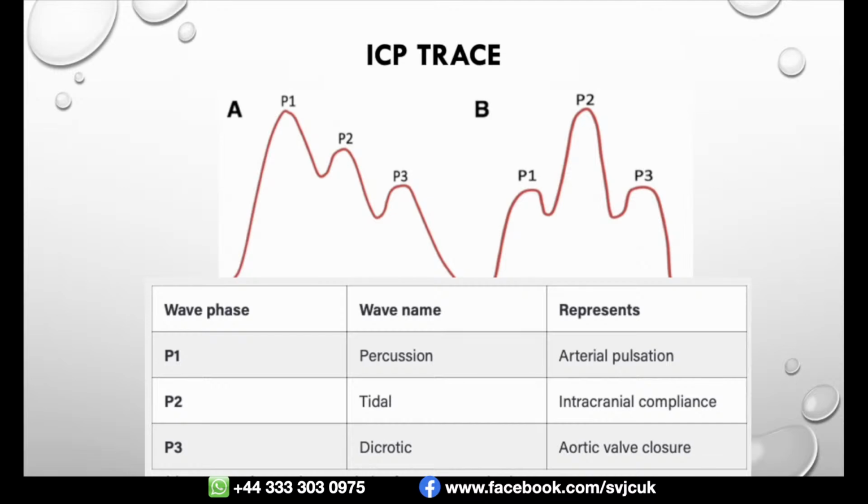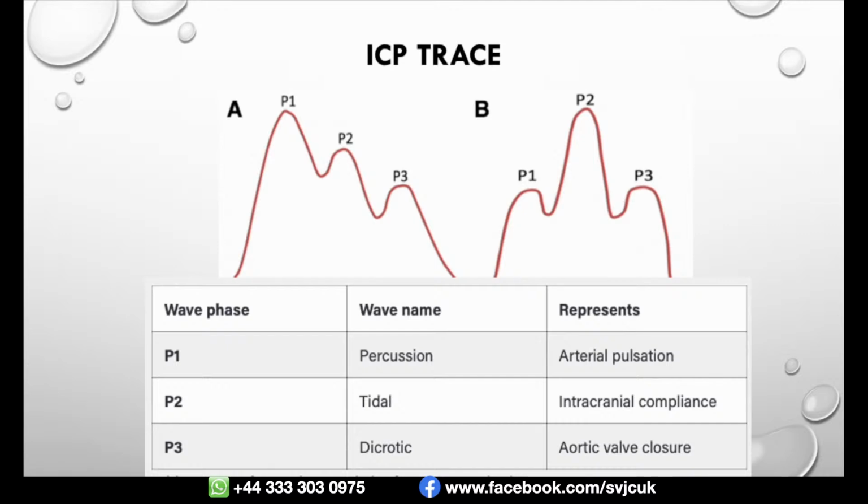So when you have an ICP trace, there are a number of different waveforms. There's phase P1, P2 and P3, with different names: percussion, tidal and dicrotic. The normal ICP trace should be pulsatile, which reflects both the cardiac and the respiratory cycles. The percussion wave correlates with arterial pulsation.